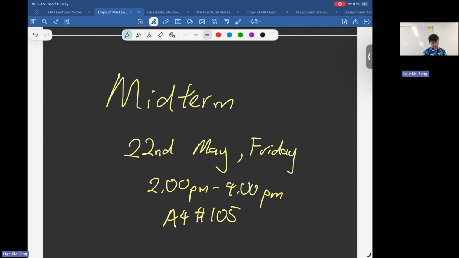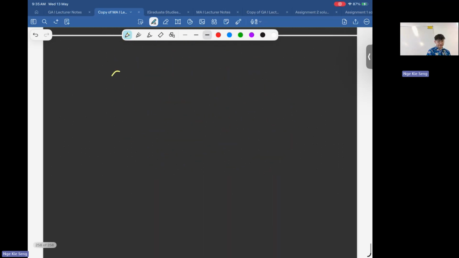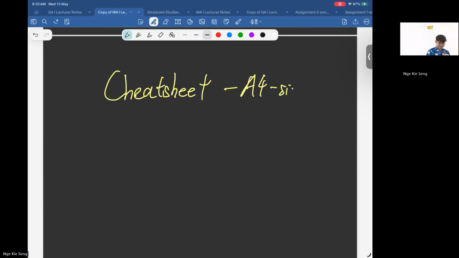Another thing is you can bring a cheat sheet. I won't provide any definitions, so you can copy them, or examples, or proofs, or whatever. But it's A4 size paper. You want to bring a tablet?